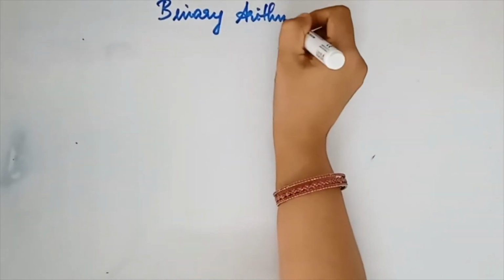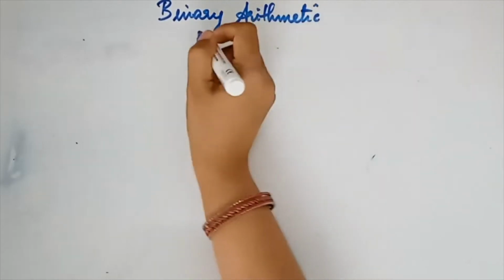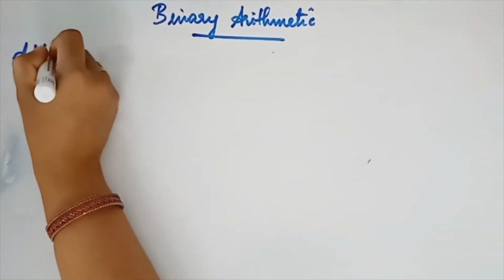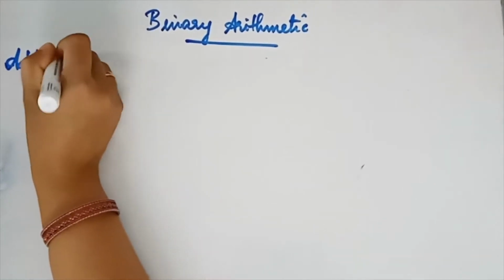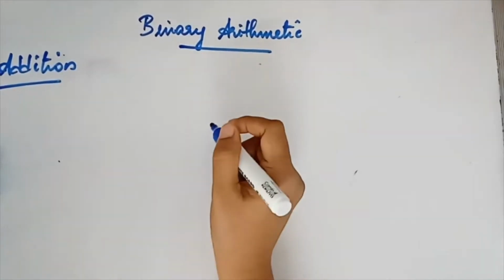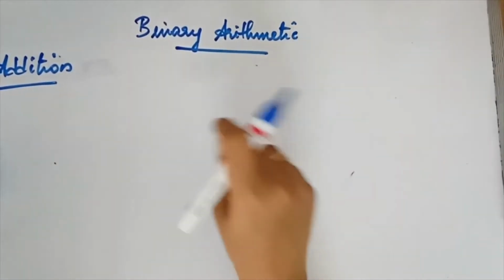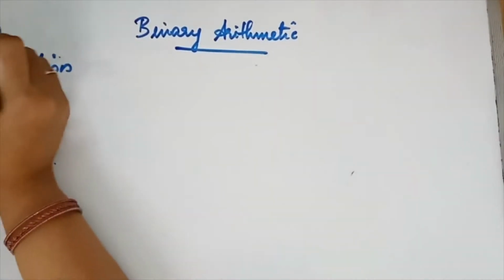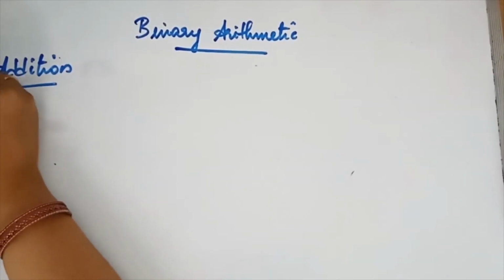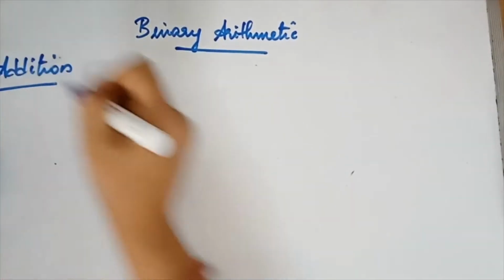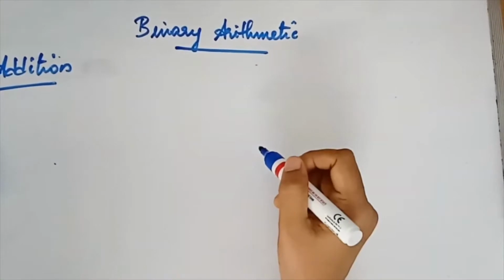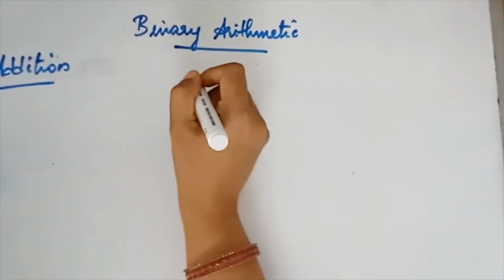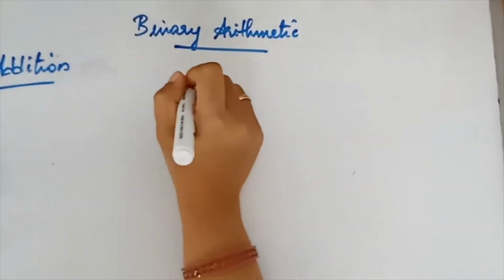So in binary addition, let's take just 2 bits. We'll first deal with 1-bit addition. In 1-bit addition, suppose we are adding two 1-bit numbers.